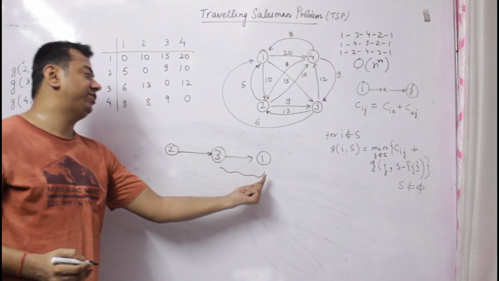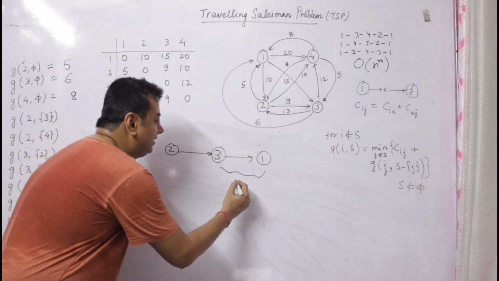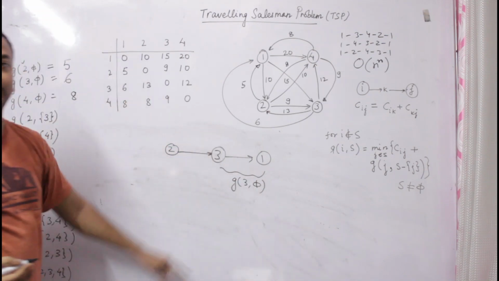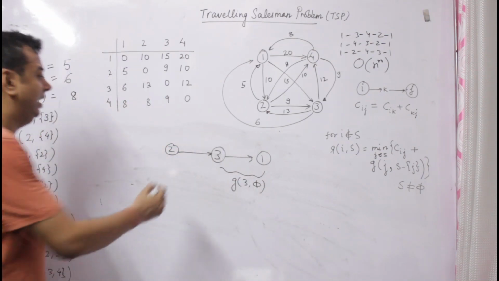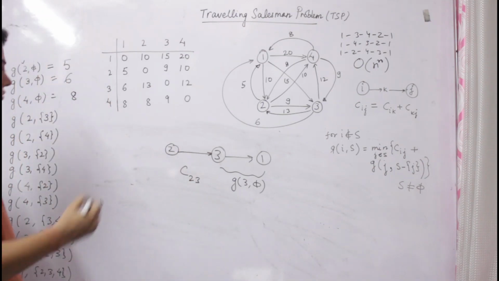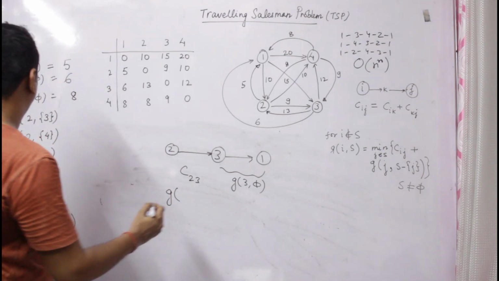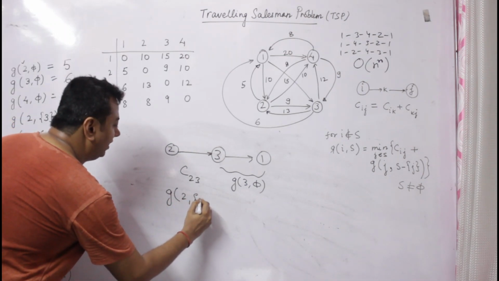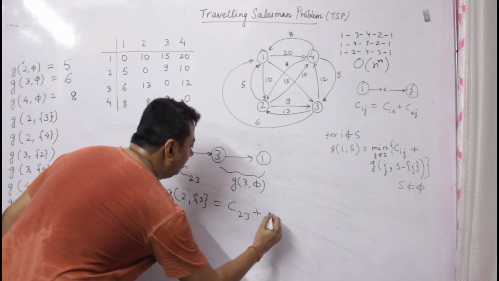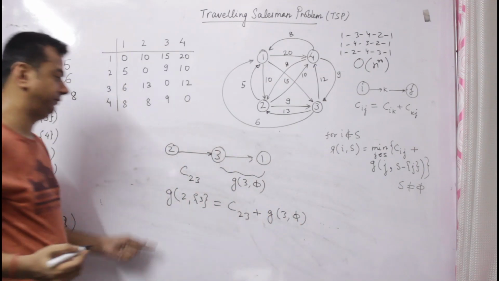Any node which goes to the start point is denoted by G(3, {5}). So G(2, {3}) is C23 plus G of (3, {5}).